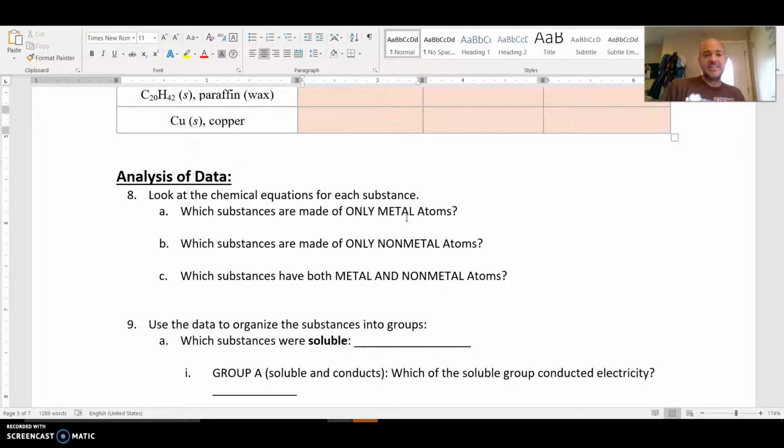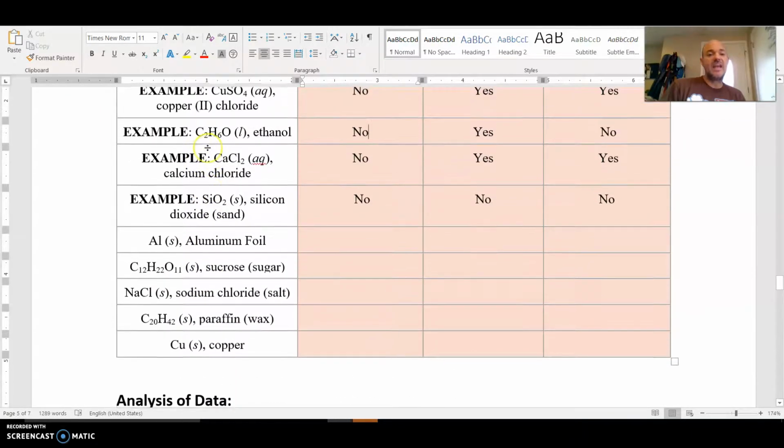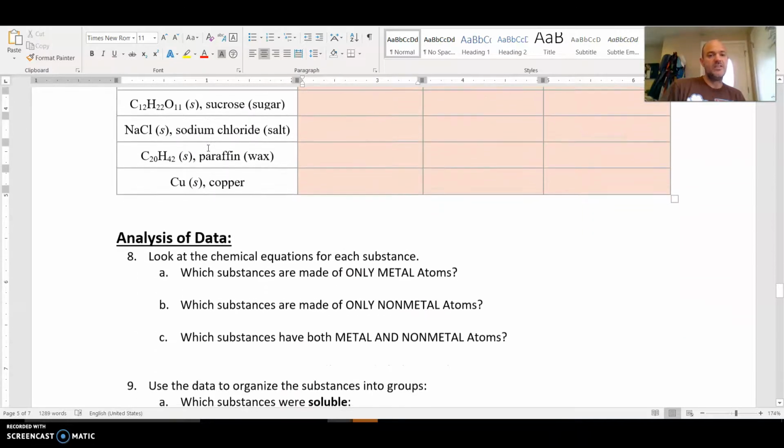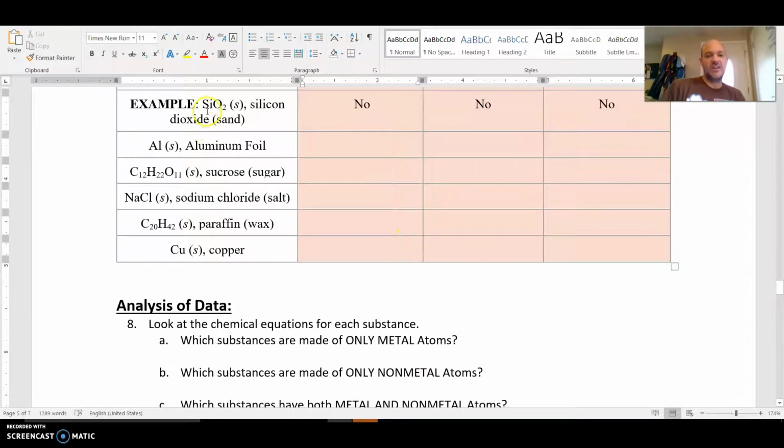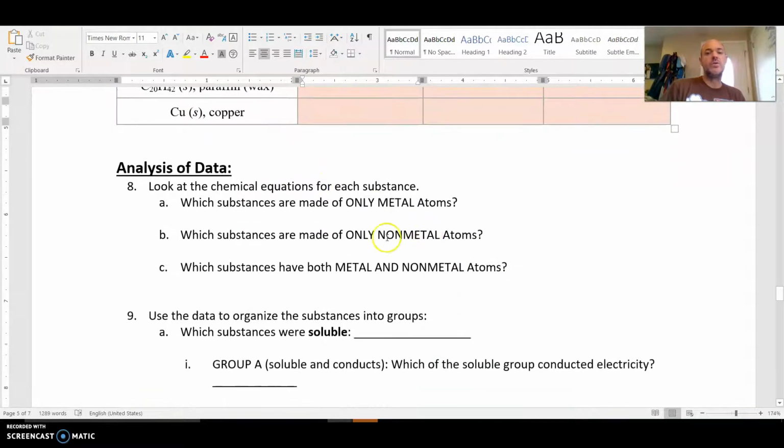So is that something that's going to fall into the only metal atoms category, the only non-metal atoms category, or the metal and non-metal atoms category? So think about looking at a periodic table and determining whether something is a metal or not. If something is a metalloid, I will tell you this, like silicon, for example, let's go ahead and count that as a non-metal.